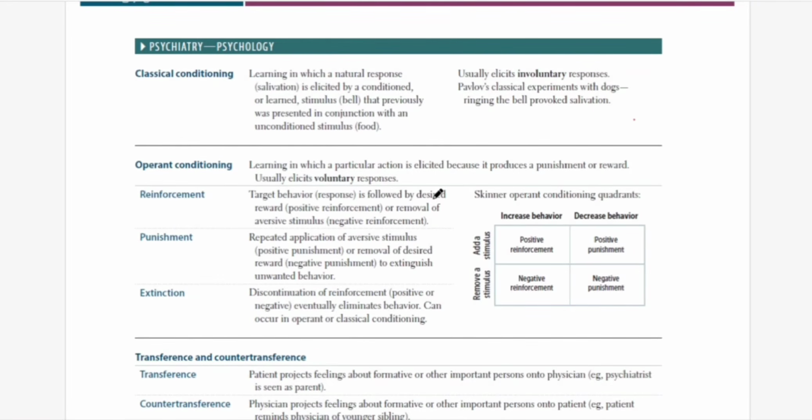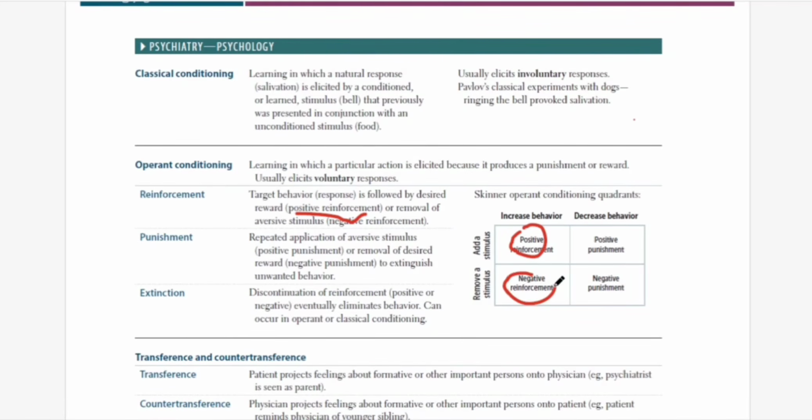Our target behavior is the desired response. So if we add a stimulus and it increases the behavior, we call it positive reinforcement. And if we remove a bad stimulus and it increases the behavior, that is negative reinforcement.